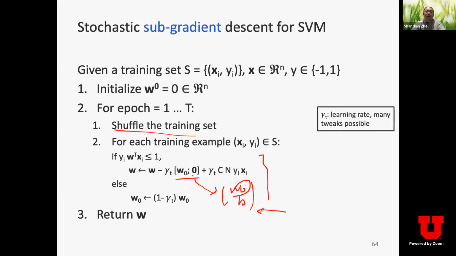But in practice, people feel that random shuffling and going through the examples one by one is more convenient. Hopefully, because in our next homework, you're going to follow these algorithm steps to implement your stochastic subgradient descent training for SVM, be sure to be clear about every algorithm step.